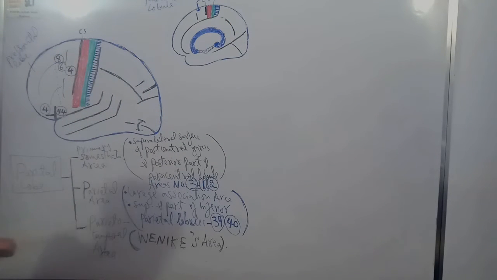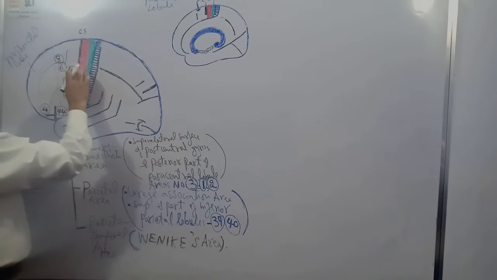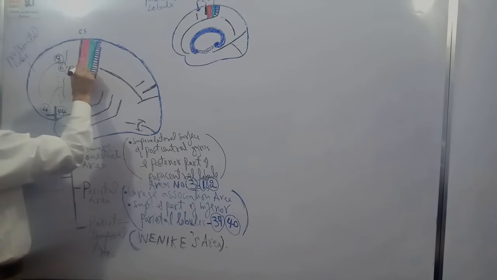Now, Brodmann has numbered these areas. The anterior area is area number 3.